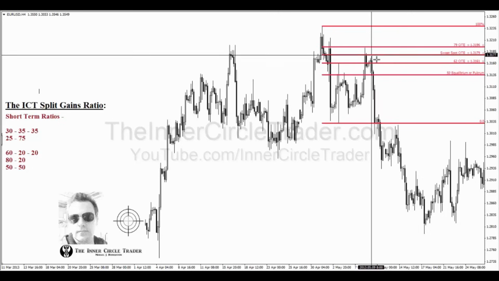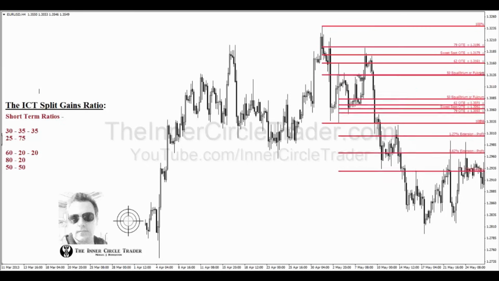Again, scaling out a short-term trade at that point, it'd be 146 pips for the first scaling out. So if I'm scaling out in 2 stages, 25% would come off the trade right there at 140 some pips. The next point of the ratio would be 75%.